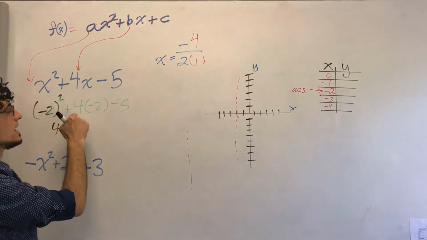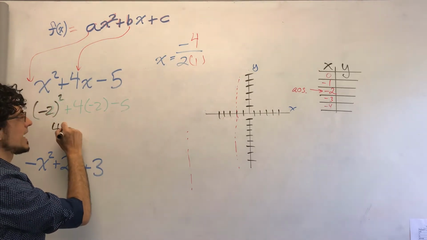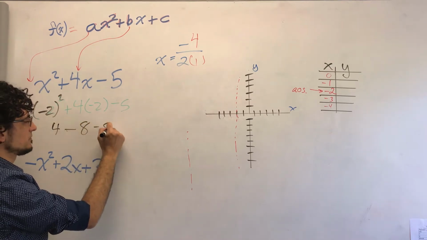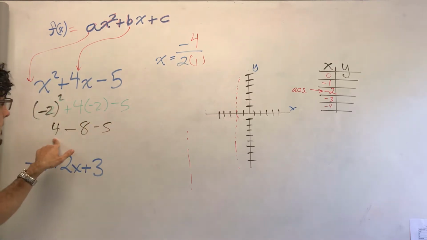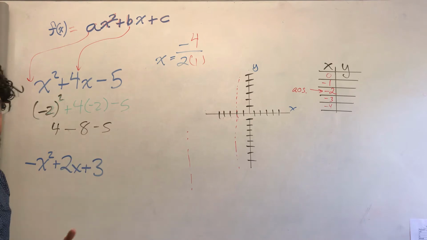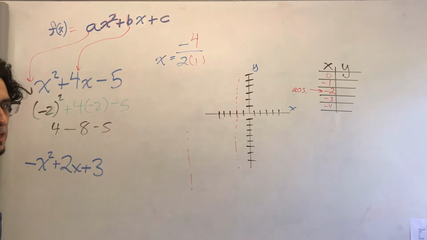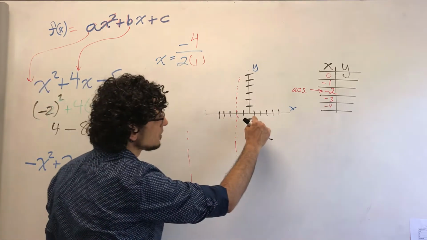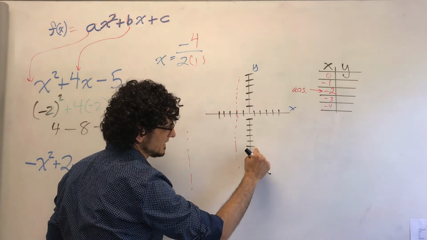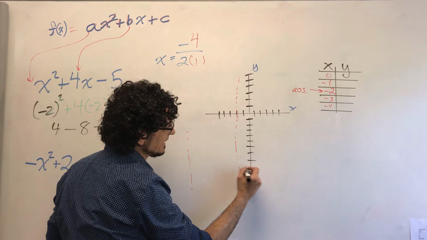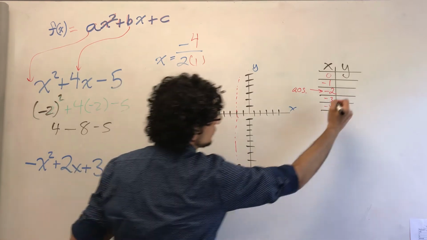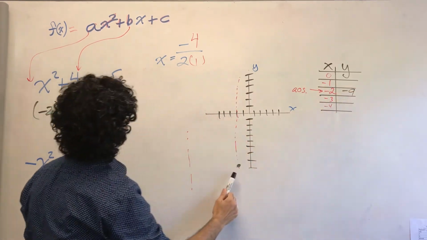So now we have 4, and then we have 4 times -2, which is -8. Oh my gosh, minus 5. And so now I have 4 minus 8 minus 5, which is basically like a -13 here. 4 minus -13 is going to give me a -9. That's pretty deep down. 1, 2, 3, 4, 5, 6, 7, 8, 9, and then it was on the axis of symmetry. So I'm at -2, -9.